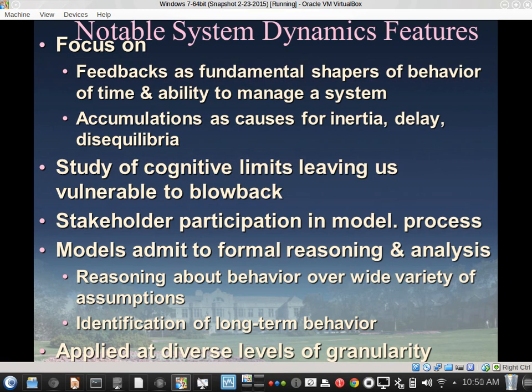And accumulation of, say, stress over time can be a big cause for inertia, delay, disequilibria. It takes time to pay off the deficit, to pay off a debt. It takes time to build up social capital. These are accumulations. And once they're built up, they continue to exert influence for quite some time.